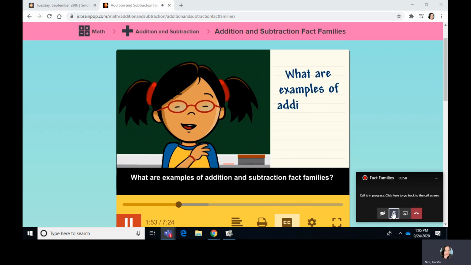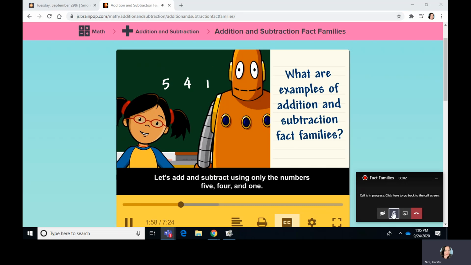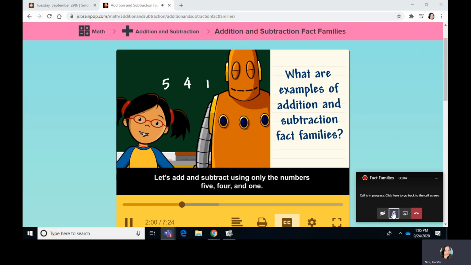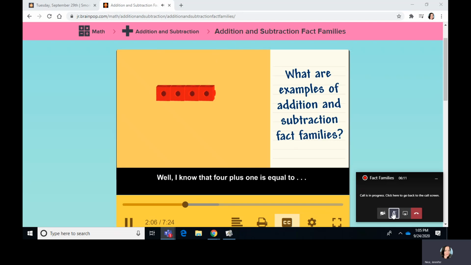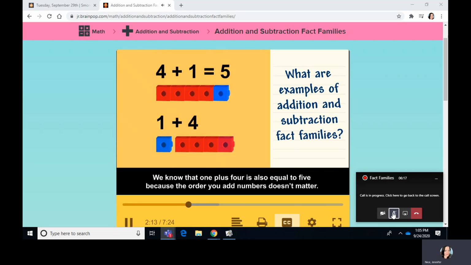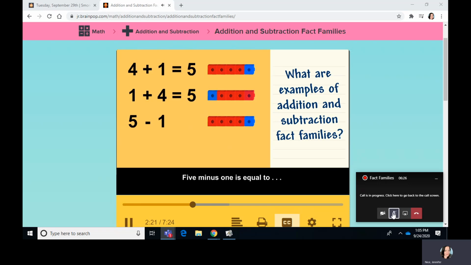What are examples of addition and subtraction fact families? Let's add and subtract using only the numbers 5, 4, and 1. Well, I know that 4 plus 1 is equal to 5. We know that 1 plus 4 is also equal to 5 because the order you add numbers doesn't matter. 5 minus 1 is equal to 4.